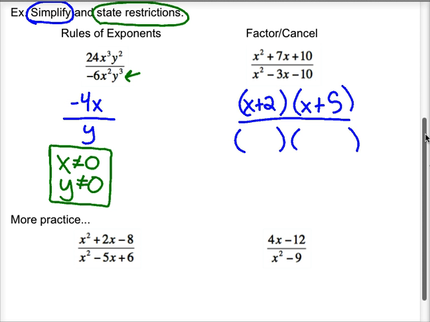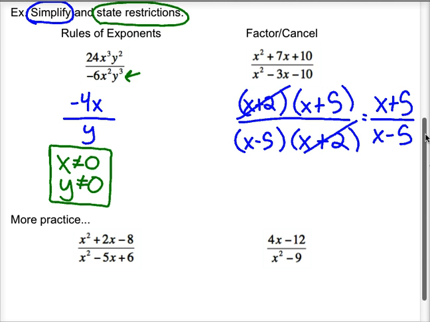And the bottom, x squared minus 3x minus 10, that's going to be x minus 5, x plus 2. So I factor it and then cancel anything that's the same. And I'm left with that as my simplified expression.